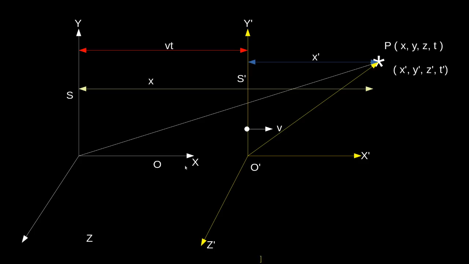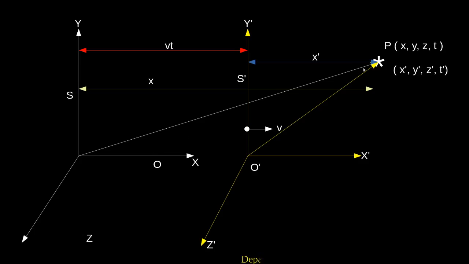The two observers O and O dash are observing the event happening here. For convenience, let us consider that the x-axes of the two systems coincide permanently, and the velocity is parallel to the x-axis of the two systems.